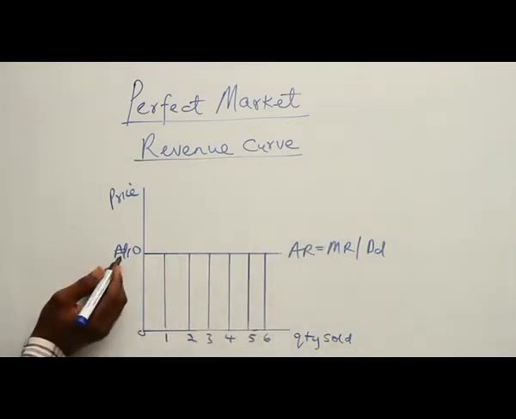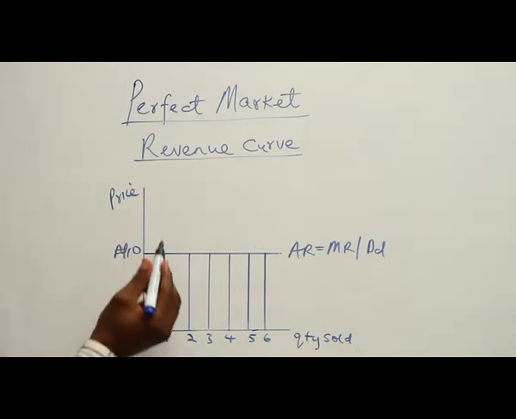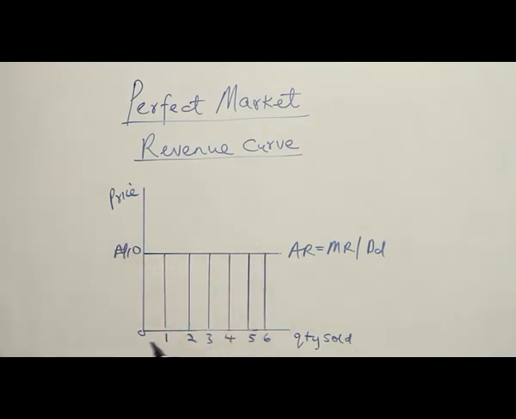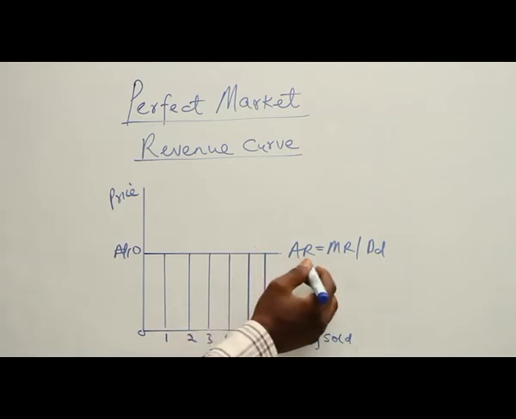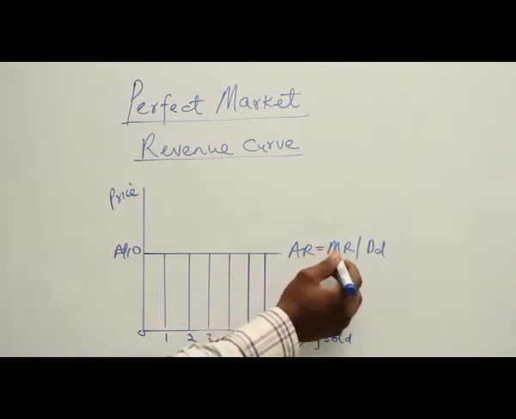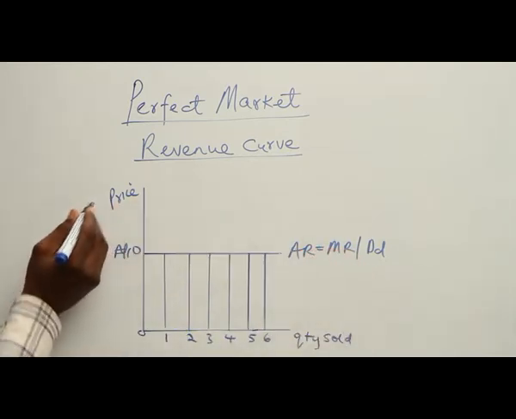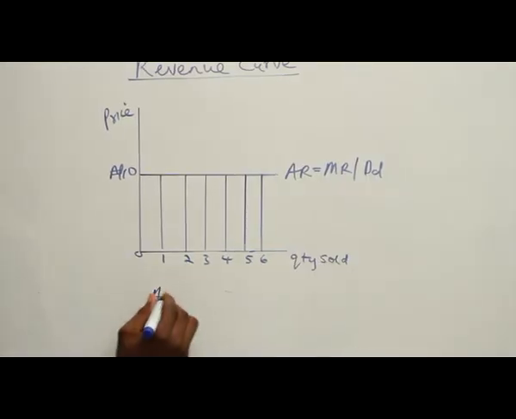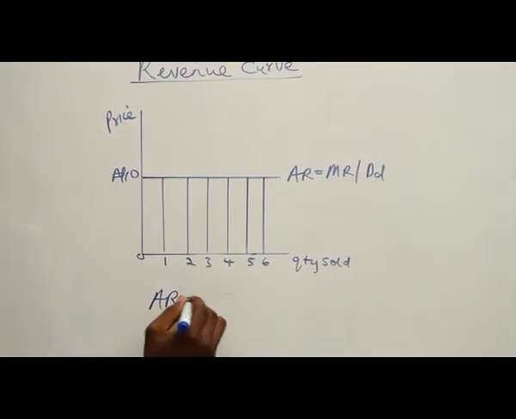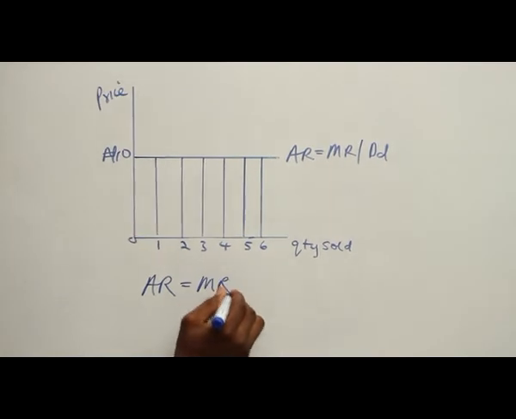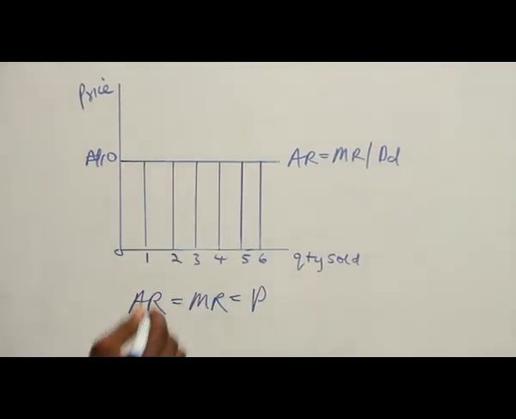That is, at this price, we have our average revenue to be 10 naira irrespective of the quantity sold. Likewise, our marginal revenue is 10 naira irrespective of the quantity sold. So it implies that average revenue equals marginal revenue equals price.